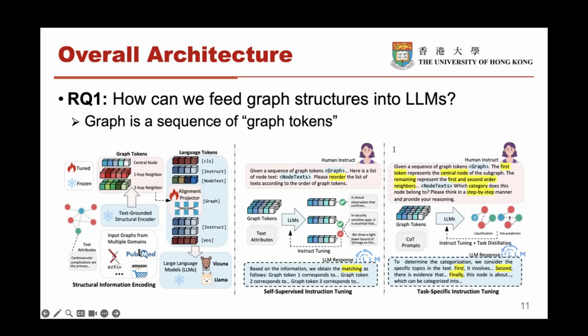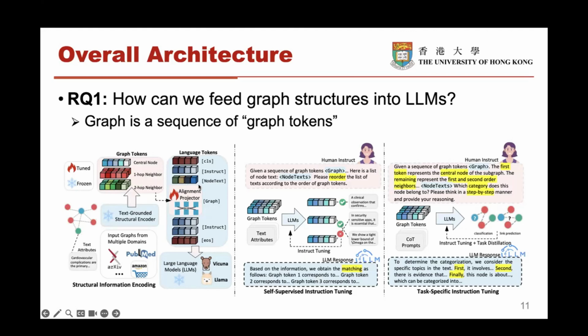I see. Thank you. I do have another question, which is about the data preparation. In one figure on the right-hand side, it says something like the first token represents such and such, and the remaining such and such, step by step.